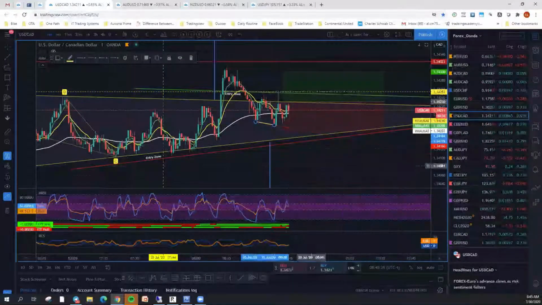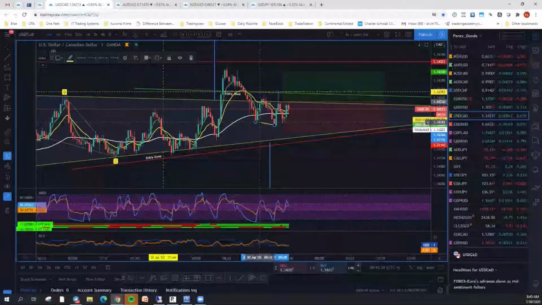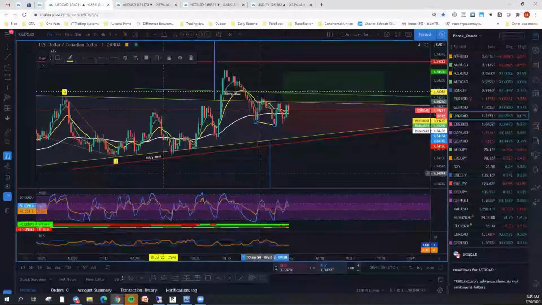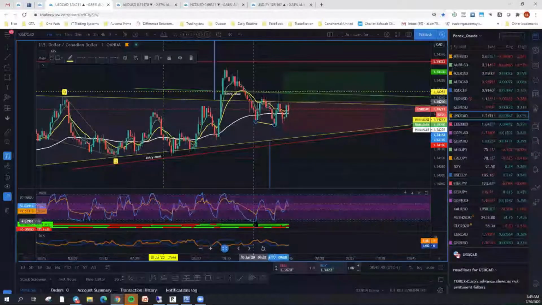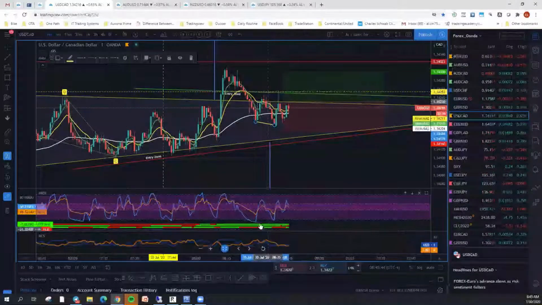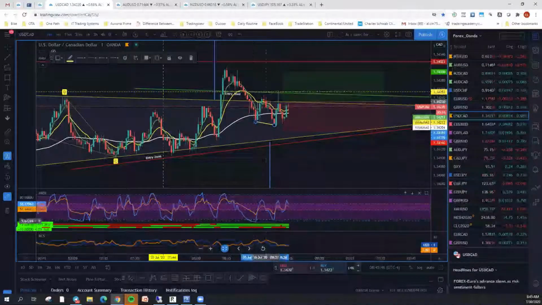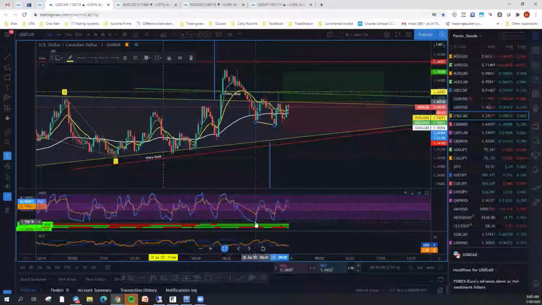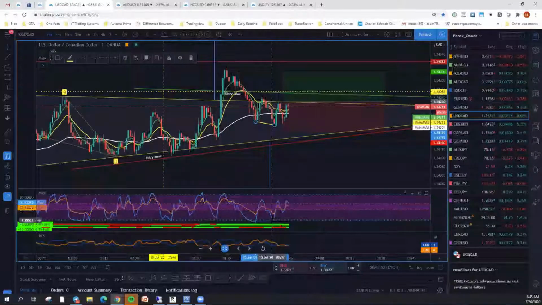Now again, it makes more sense on a higher time frame than on a 1 minute, but I'm just going to give you an example of what divergence is. You have a low, a lower low. Come down here to your RSI, and you see both of these RSIs, you have a low and a higher low. That's your divergence. Basically what this is saying is that even though the price came down lower, the strength did not.